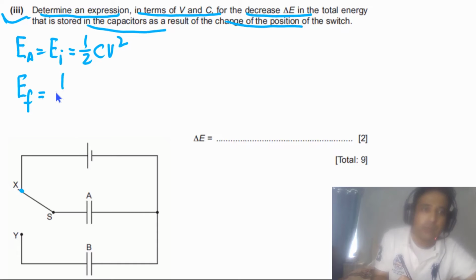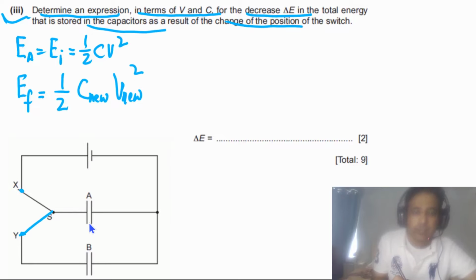The final energy will be equal to 1/2 the new value of C times the new V squared, when we move this switch to this position. We have 2 capacitors, and they are in parallel, so we can replace them with one single capacitor. So we can redraw our big capacitor here. It's just like connecting these 2 capacitors together.